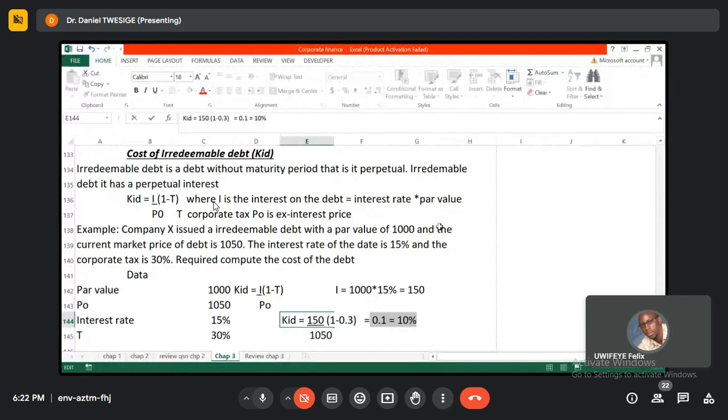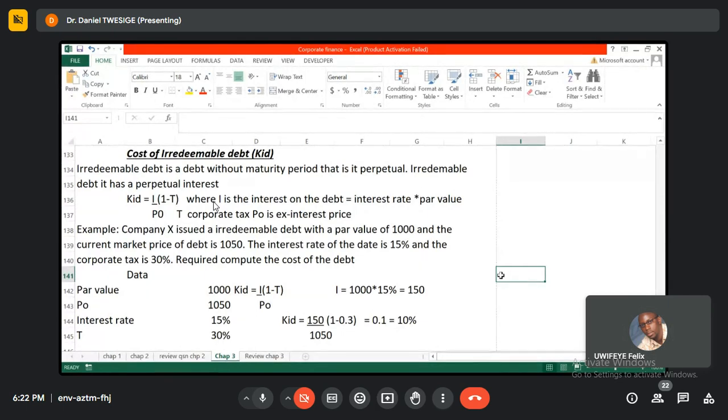Remember, P0 is the ex-interest price. So P0 should be equal to 1,050 minus 150? No. Has the question said that the company has declared to pay an interest? The question is not saying that the company has declared to pay an interest. It means this interest is already paid.